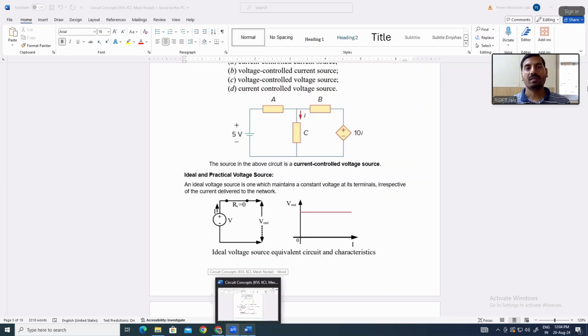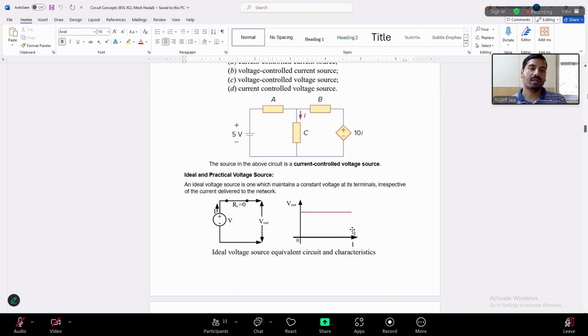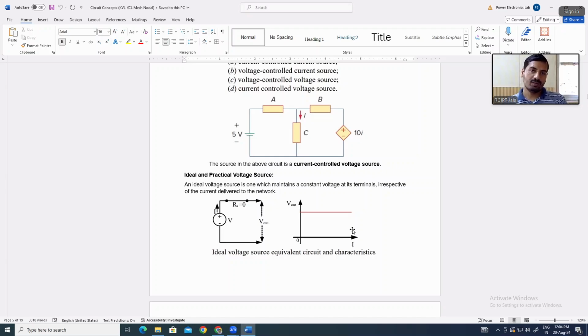Now today, we have also seen about the ideal and practical sources. In ideal sources, we know that we have mainly two types of sources: voltage sources and current sources.